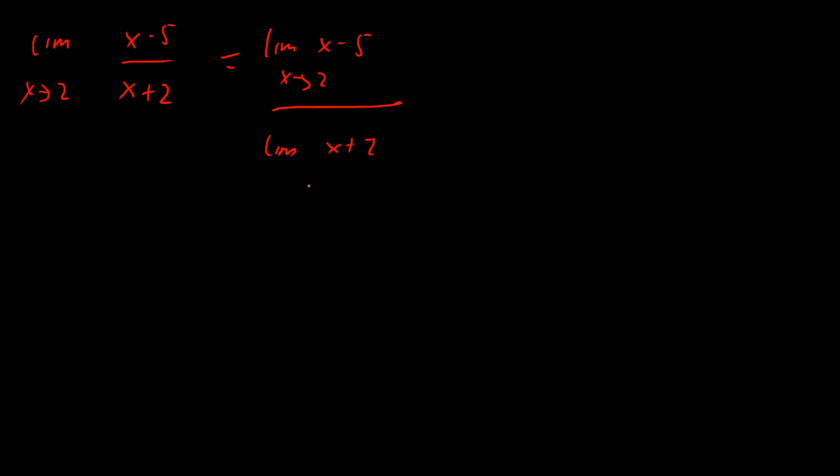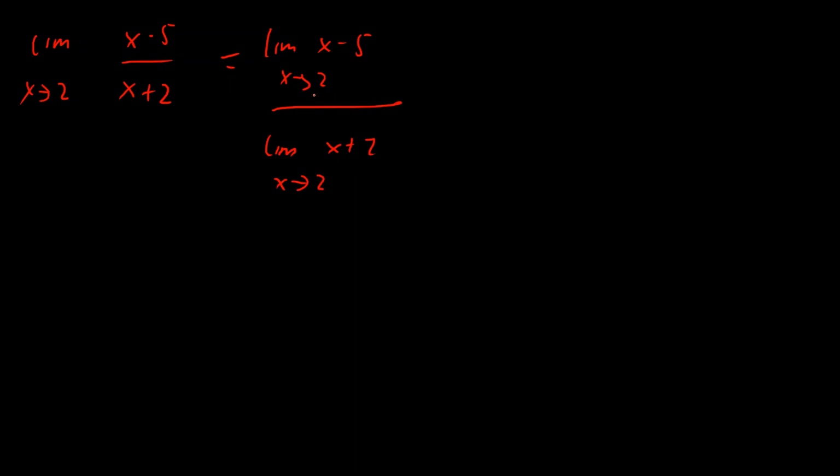So we have the limit of x minus 5 over x plus 2 as x approaches 2. Now we learned that this is the same as the limit of the function x minus 5 as x approaches 2 all over the limit of the function x plus 2 as x approaches 2.